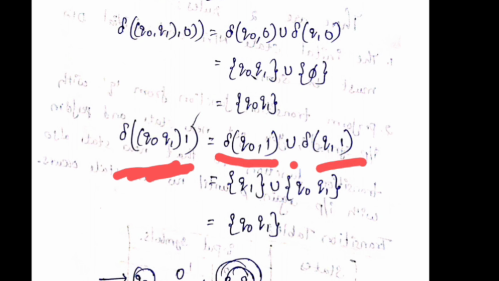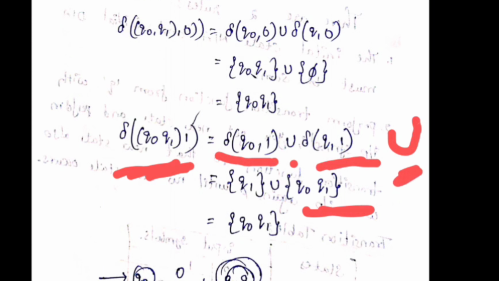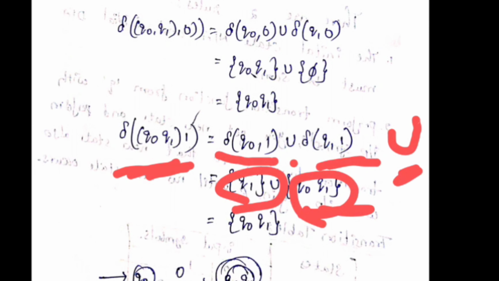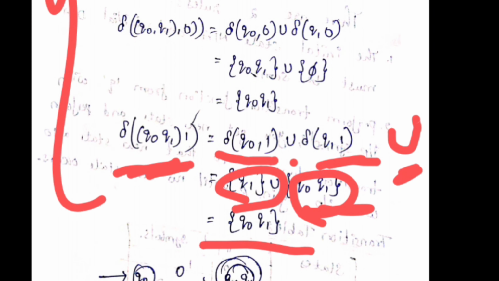So Q1 union delta of Q1 comma 1. What do we have? The transition function is Q0 and Q1. Union means combination of both the sets. What will be the combination? Here we have Q1, here we have Q0 Q1. The combination will be Q0 Q1. Okay, this is the transition function.